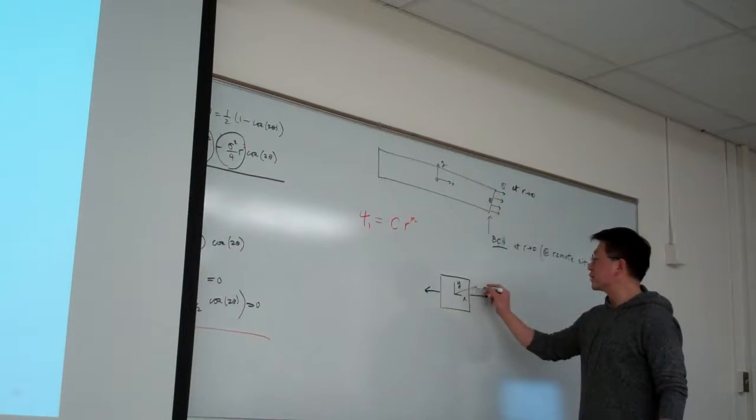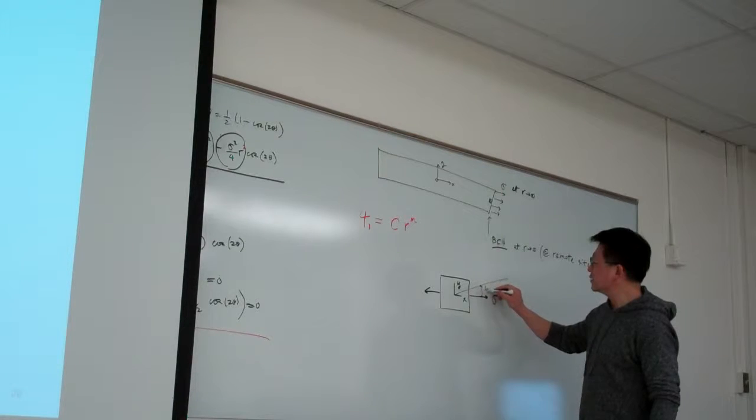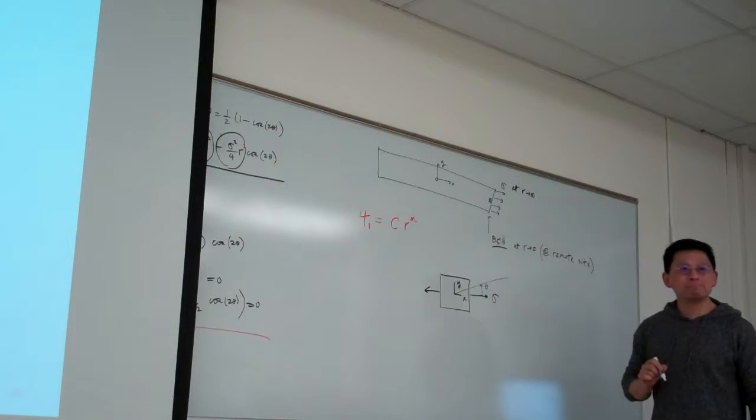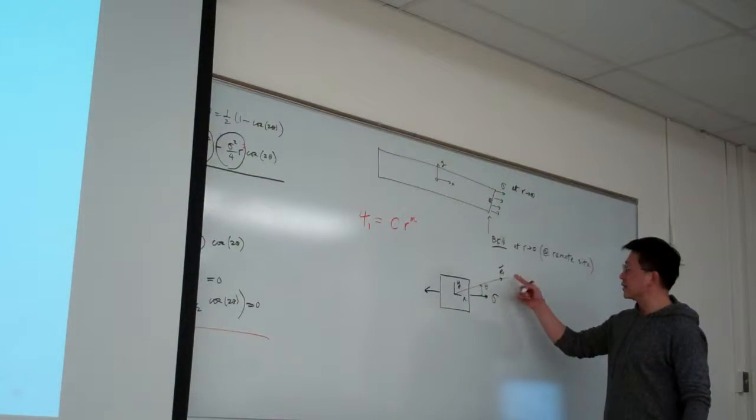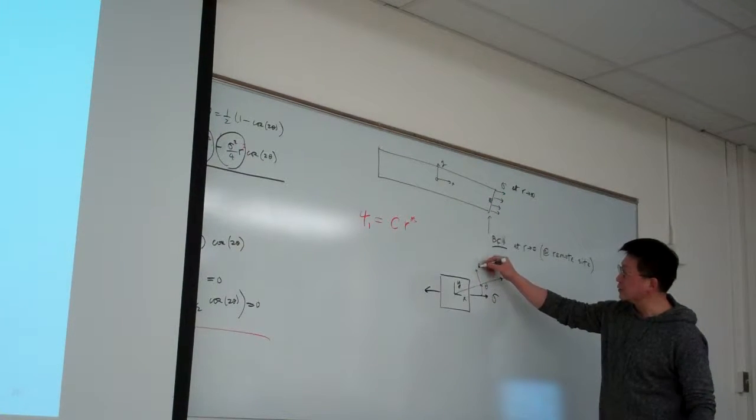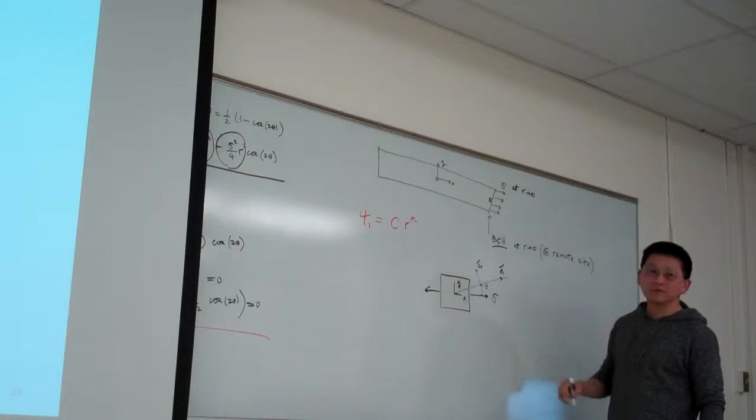And here we try to convert it into r, theta rotation. So this is our radial direction, and this is our tangential direction. We try to convert to here.